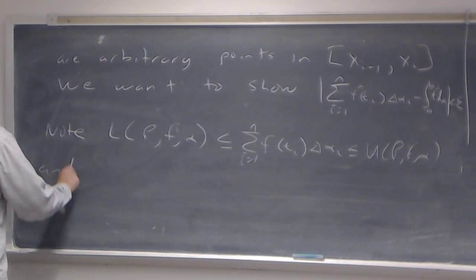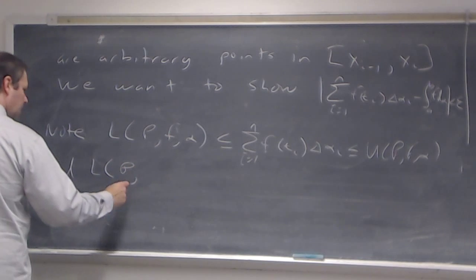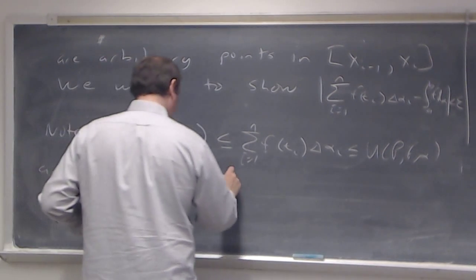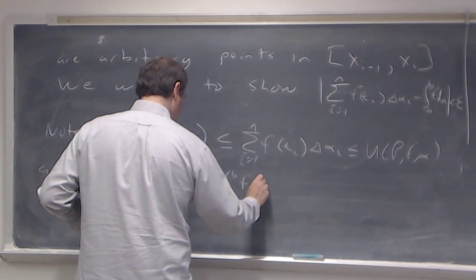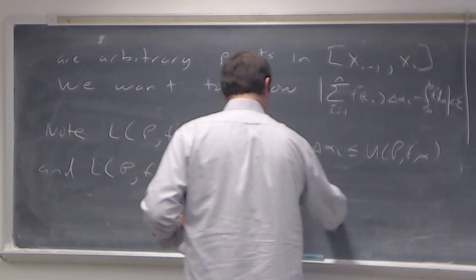And we have that the lower sum of f and alpha has to be less than or equal to the Riemann-Stieltjes integral of f d alpha, which is going to be less than or equal to the upper sum.